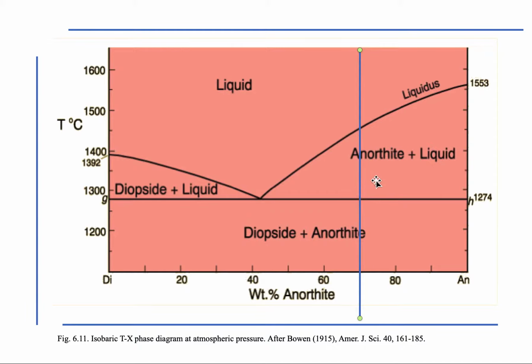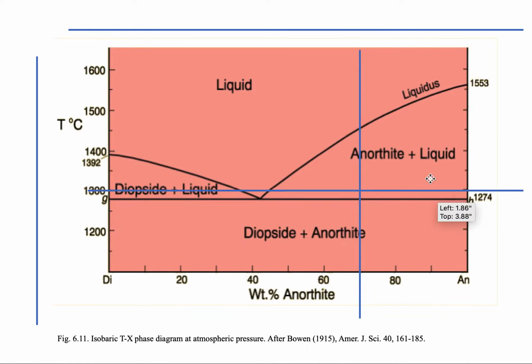That means anorthite should be the first crystal to form. And then we'll hit the diopside plus anorthite field here. That means diopside will begin to crystallize at this temperature, the eutectic temperature of 1274. And then anything below that, we're out of liquid, no more liquid is left, and we simply have a rock, and that rock will get cooler as we withdraw heat.